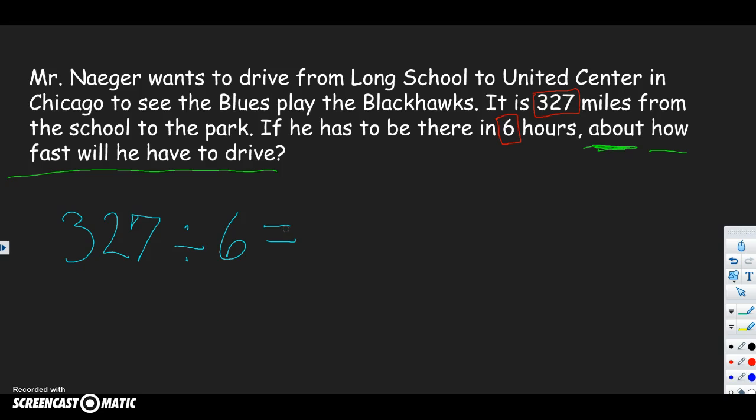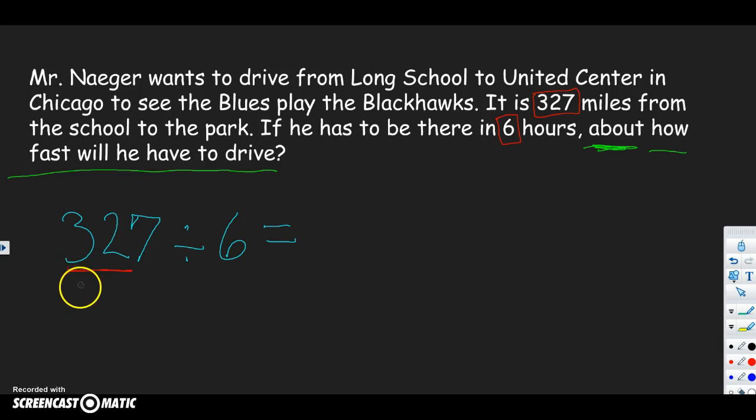All right, so I have 32 as the first 2 digits of my dividend. Well, what numbers are close to 32 that are evenly divisible by 6? I know that 6 times 5 is 30.